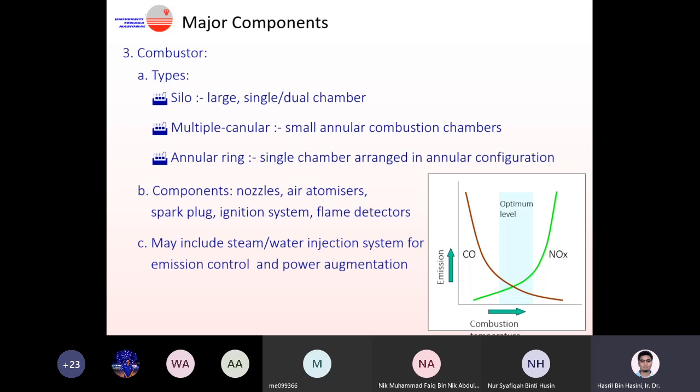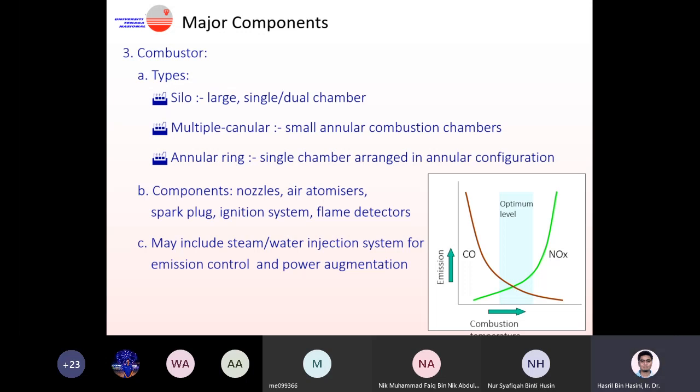A silo is a large combustor, maybe single silo or dual silo, like the one I showed for the cement power plant gas turbine. Multiple cannula is in the form of small cans, small combustion chambers. And the annular ring is a single chamber arranged in an annular configuration. We will look at that later on.